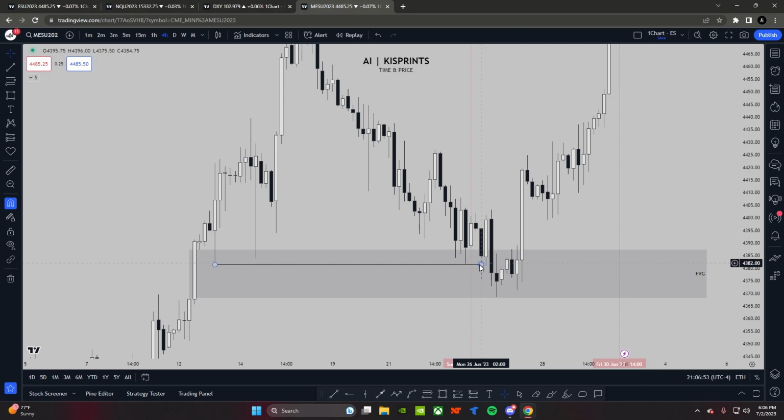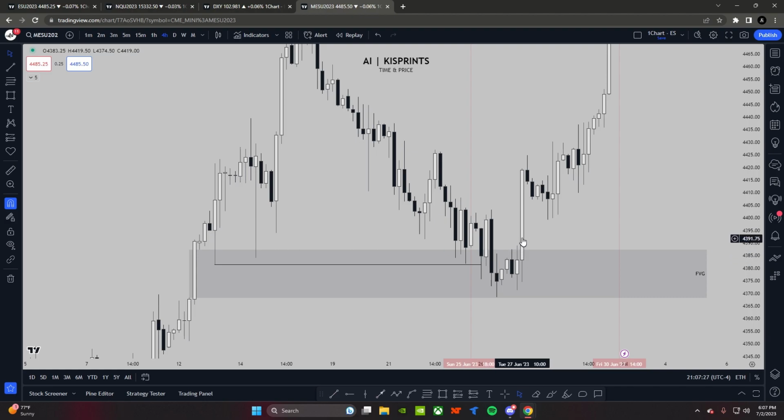Okay, so we sweep liquidity, we head higher, and for this to be our order block, this candle would have to displace. I know you know the order block, how to predict an order block, and I've mentioned this in our live classes. For example, in a bullish scenario, you would want to have a series of down close candles, and then if we're going to have a move higher, for example, this candle right here, this candle would have to displace.